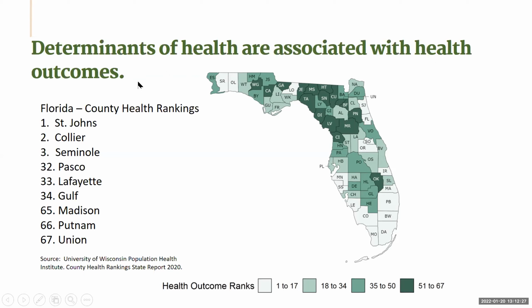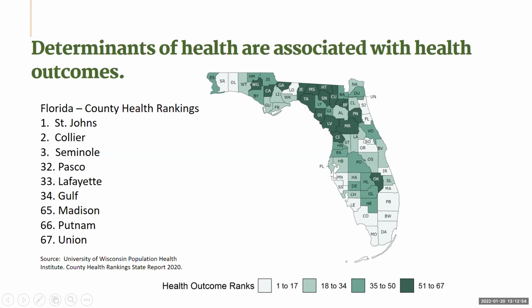So here in Florida, the top 3 healthiest counties are St. Johns, Collier, and Seminole. I also pulled a few of the mid-range counties: Pasco, Lafayette, and Gulf. And then the bottom 3 for the lowest health outcome rankings are Madison, Putnam, and Union.